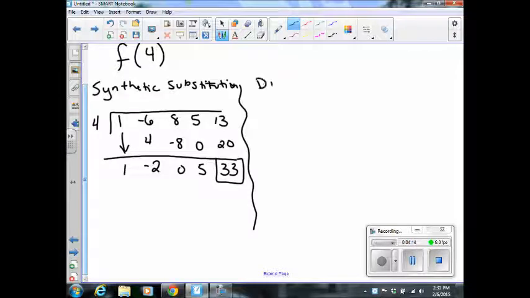The other one is direct substitution, so I just plug the 4 into the x spot.